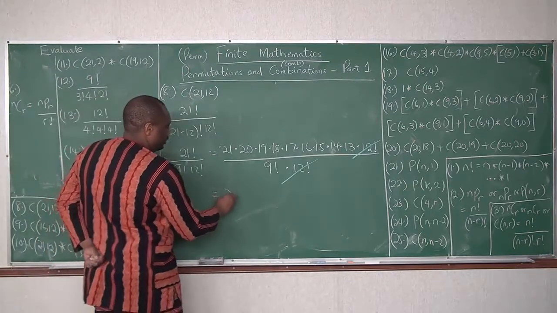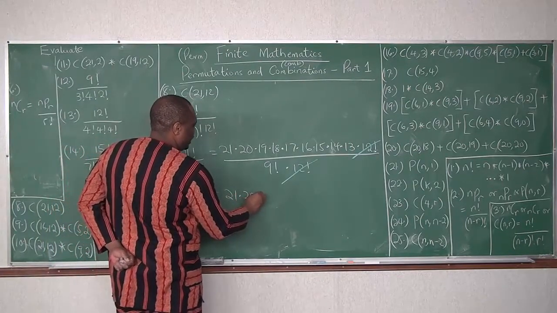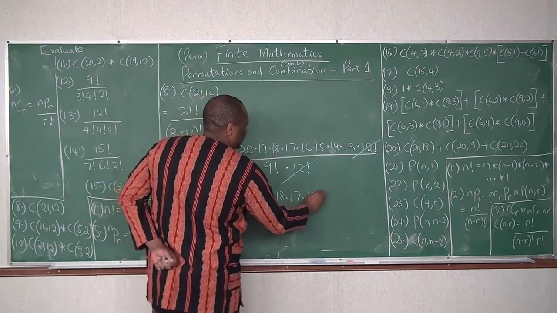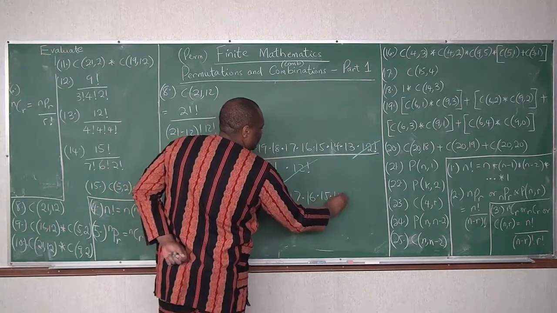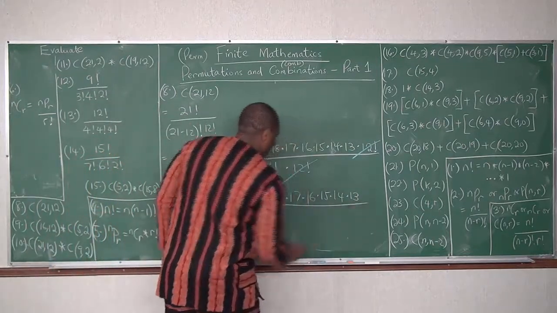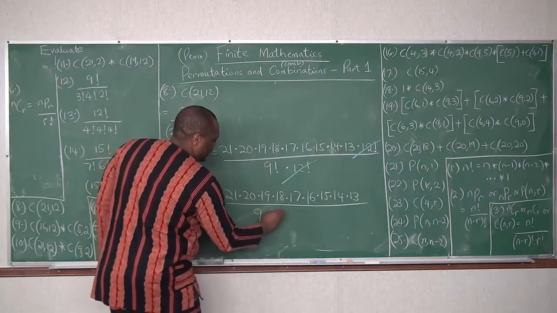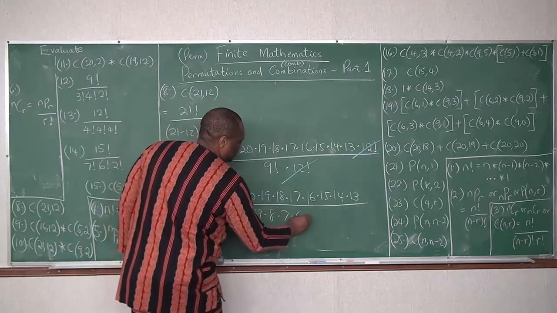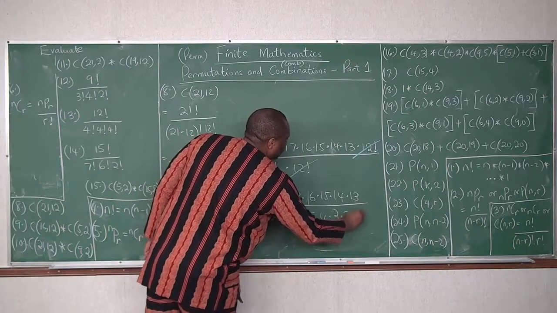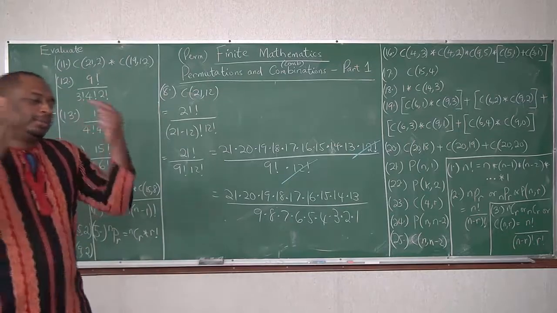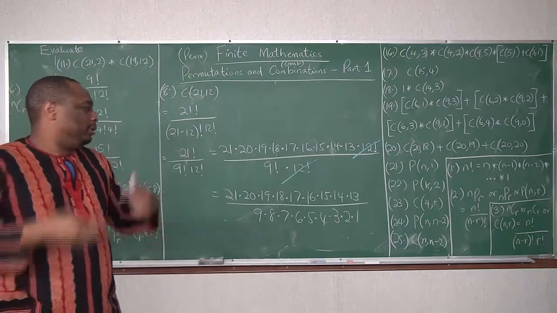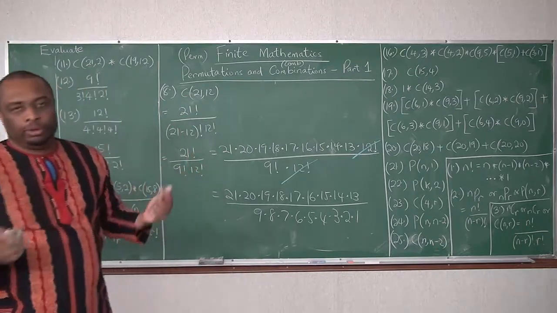So we now have 21 times 20 times 19 times 18 times 17 times 16 times 15 times 14 times 13, all over 9 times 8 times 7 times 6 times 5 times 4 times 3 times 2 times 1.